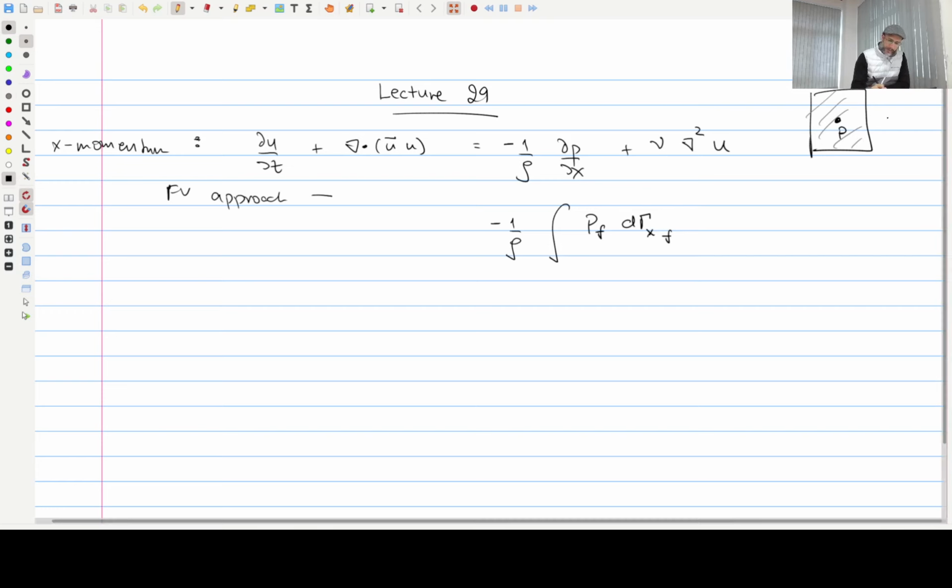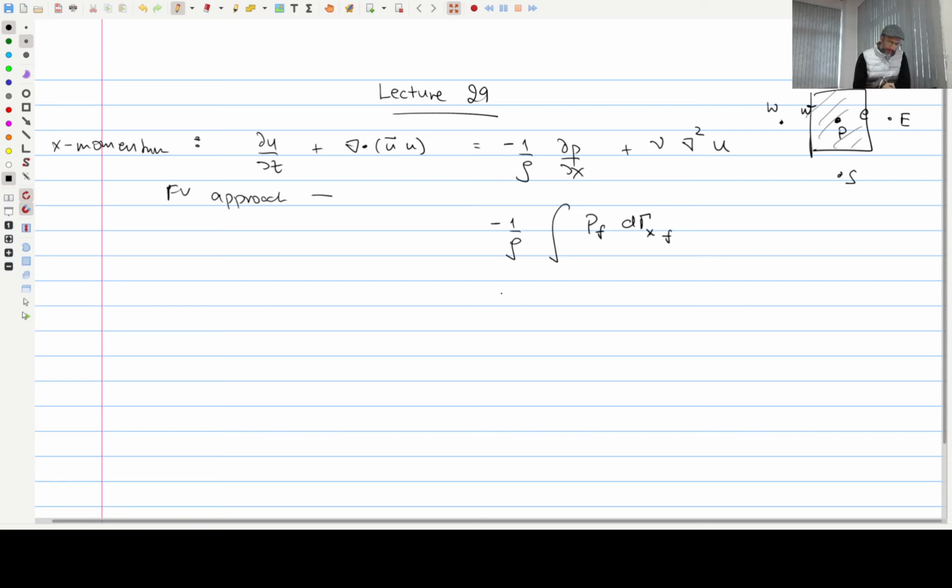So this was the center node, then we had the east node, the west node, the north and the south. So when you integrate this, the integral can be written as a sum over the four faces, and the contribution from the sum only comes from the east face and the west face, because for the north and south faces the x component of the area is 0, because the area is pointing in the y direction. Right?